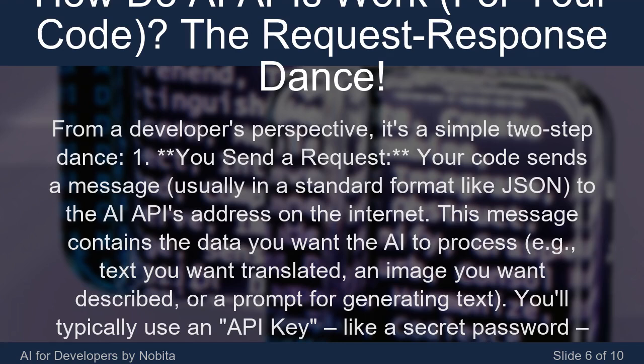You'll typically use an API key, like a secret password, to identify yourself. 2. The AI sends a response. The AI model processes your data, and then the API sends back its result, again usually in JSON, to your app. This could be the translated text, the image description, or the generated story. Your app then takes this result and uses it however you programmed it to.